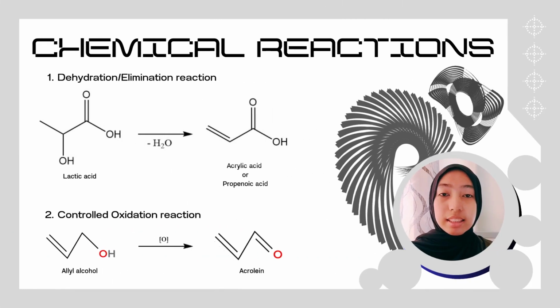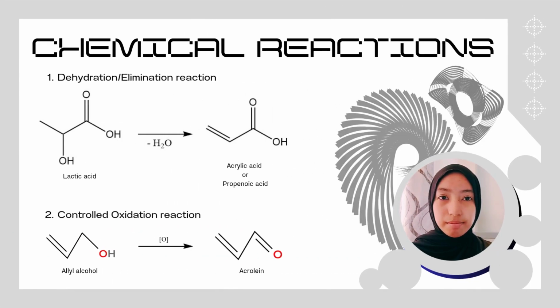Let's look at why. Consider this chemical transformation. The starting material is lactic acid, a molecule defined by two distinct functional groups, the carboxylic acid and the hydroxyl group. Under specific conditions, it undergoes an elimination reaction, specifically a dehydration.